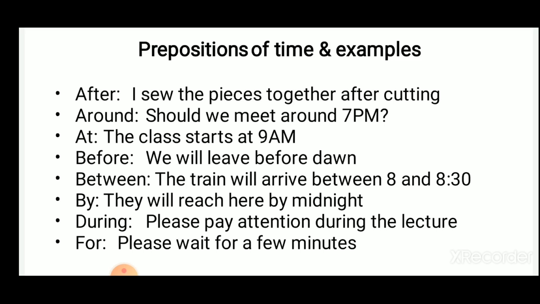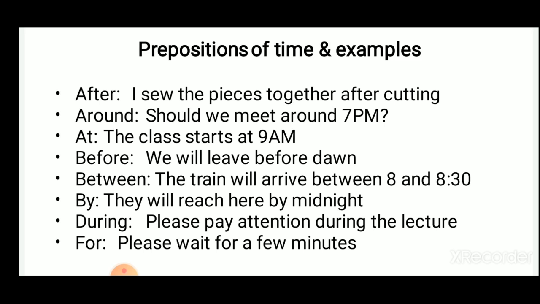The first example is about after. When we do something later than some task, then we use after. The example is: I sew the pieces together after cutting. One work is being done after another.